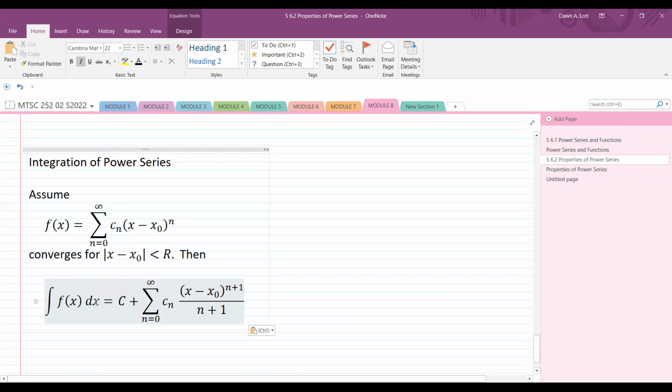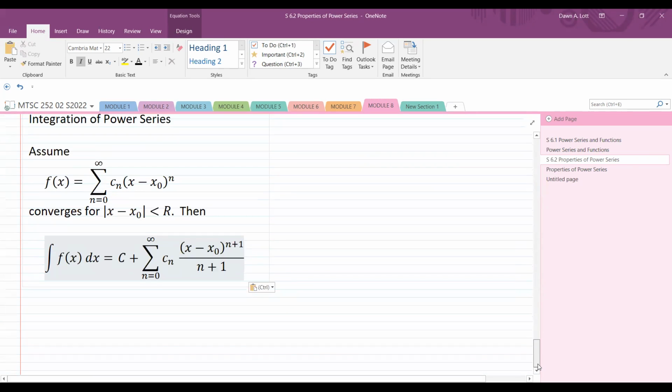Then the integral of f of x simply means integrate those terms inside. So you just make it x minus x naught to the n plus 1 over n plus 1. The only difference is this one continues to start at 0, and there's an arbitrary constant that comes along with this function. Any questions about that?